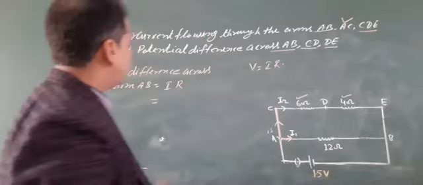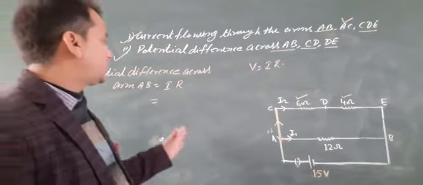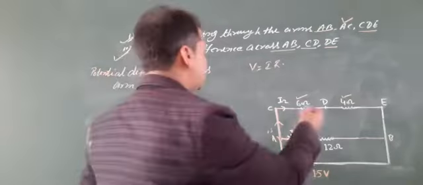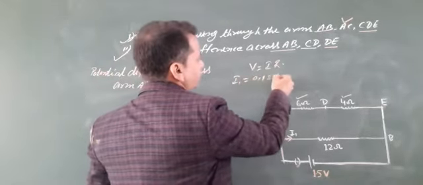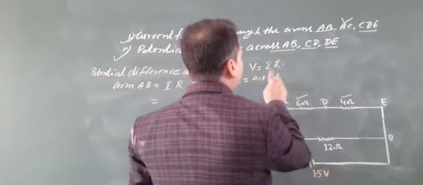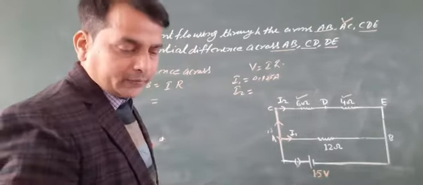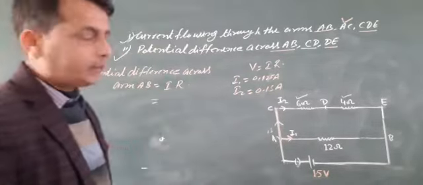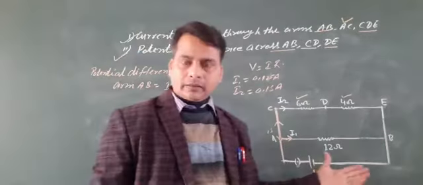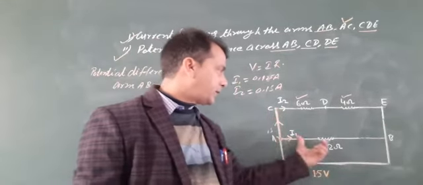In the previous session we have already calculated the electric current through AB, that is the value of I1, 0.125 ampere, and the value of I2 is 0.15 ampere.